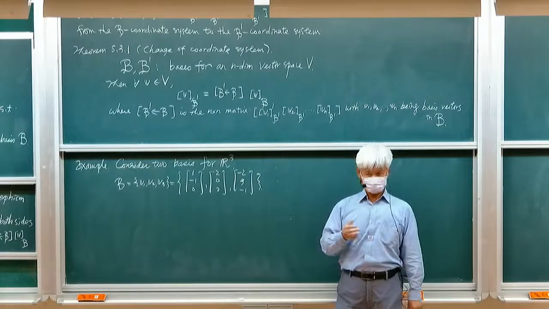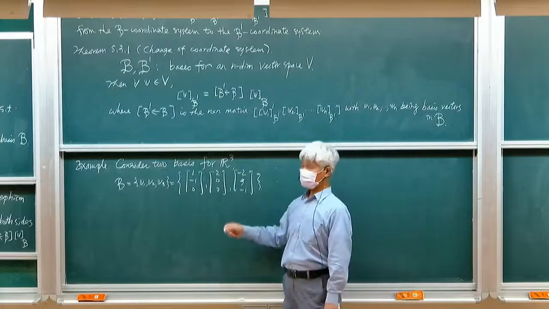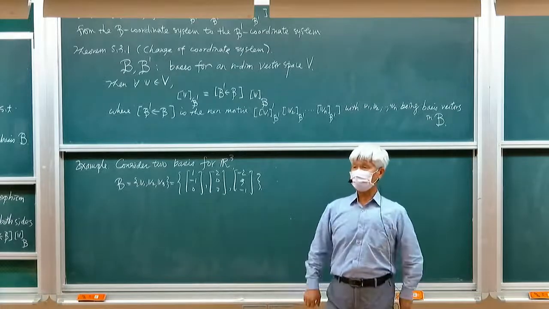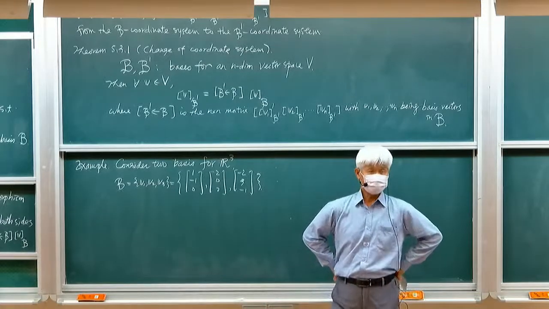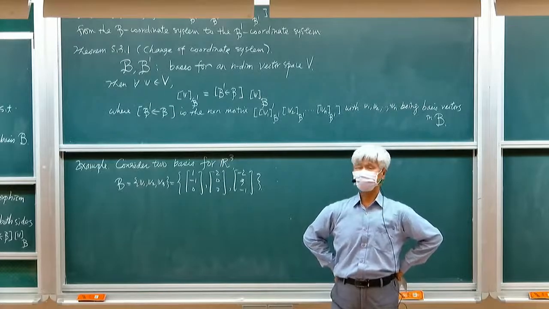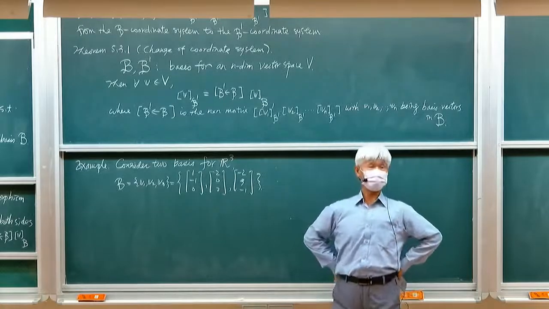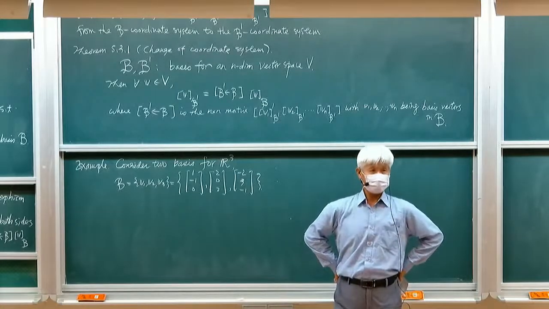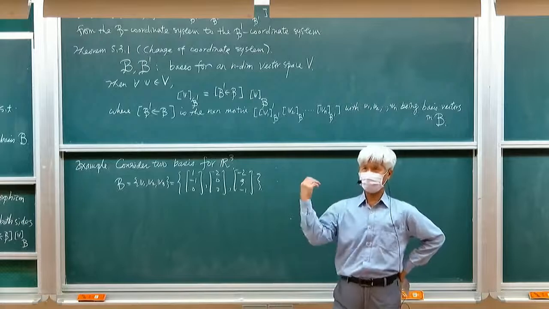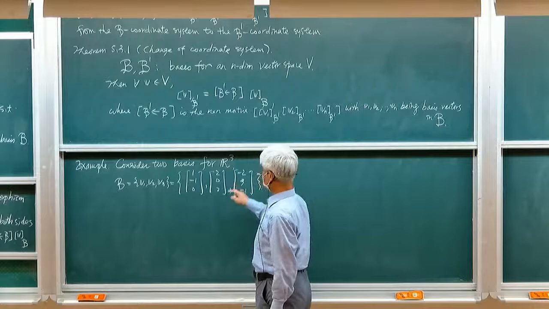And you know the technique to justify whether a 3 by 3 matrix is invertible, right? Very easy by using Gauss-Jordan elimination. The reduced echelon form should be the identity matrix. That's easy, especially 3 by 3. So you know how to check them.